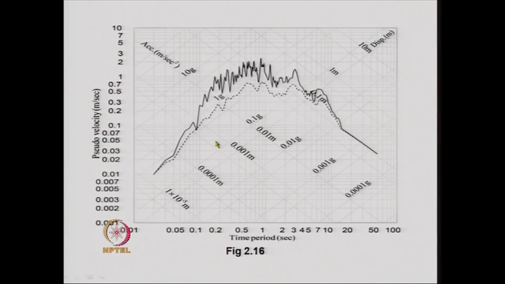So, now we show the plot. This is the log S v, that is, S v in the log scale on the vertical axis, and this is the log of not omega n, but log of T n, shown on the horizontal axis. This inclined line is one axis and this inclined line is another axis.